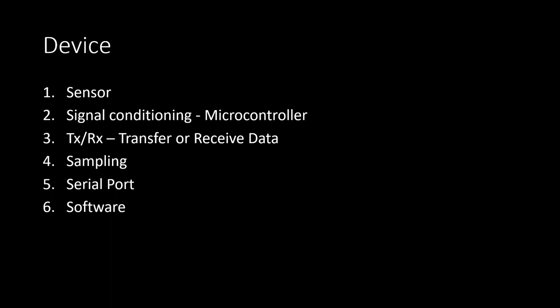Then the next part is signal conditioning. Now you will measure some signal, and what the microcontroller does is divide your signal into some parts. Those parts are in powers of 2, like 2 to the power 8, 16, that is 8 bit, 16 bit, in that way.